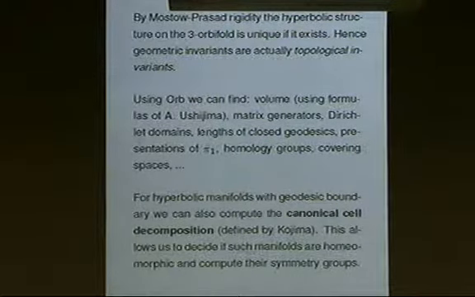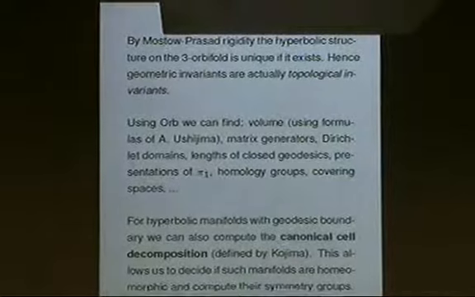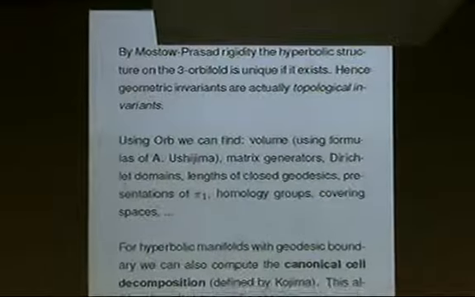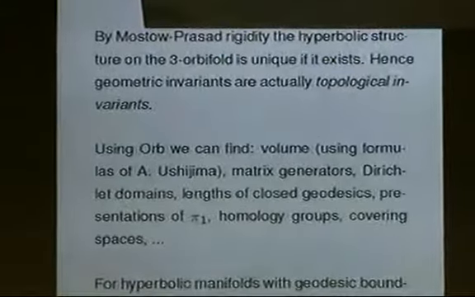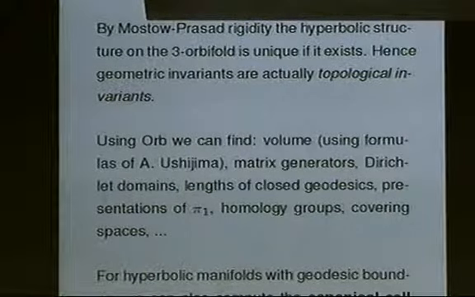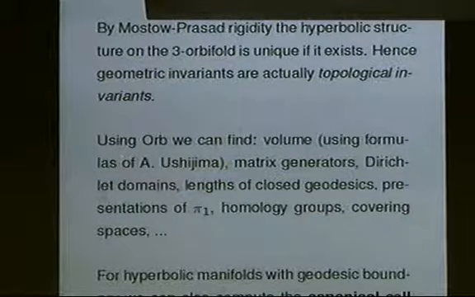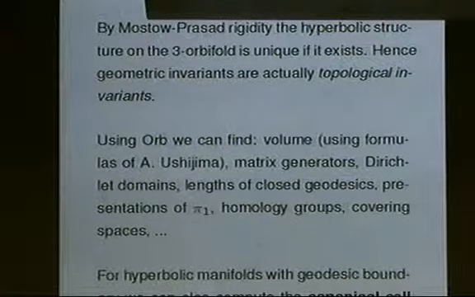Once you've got this, you can start computing lots of interesting geometric invariants. So again, by Mostow-Prasad rigidity, the hyperbolic structure on the orbifold is unique, and geometric invariants are actually topological invariants. So the sorts of things you can calculate using Orb are hyperbolic volume.